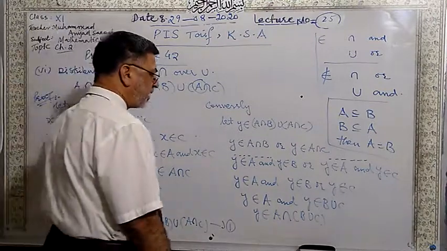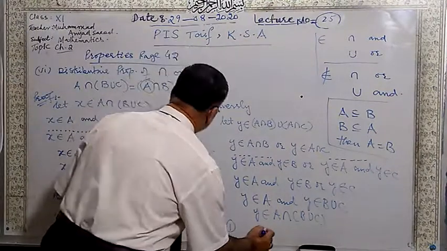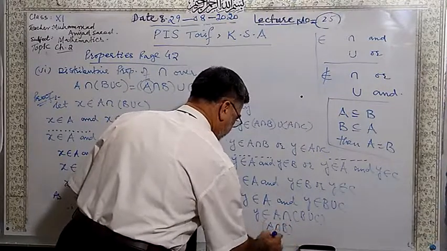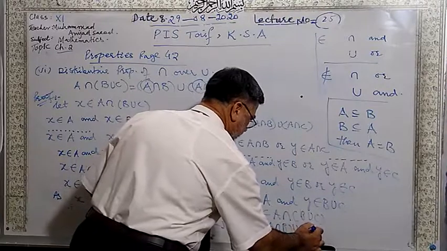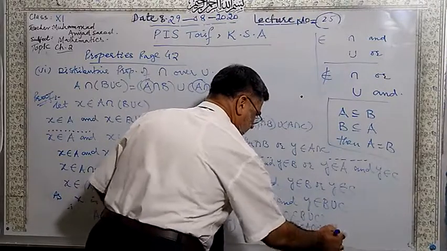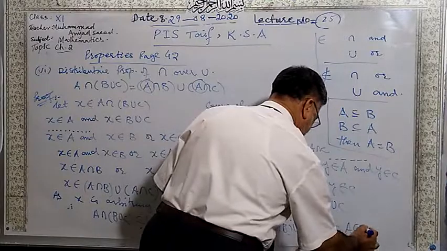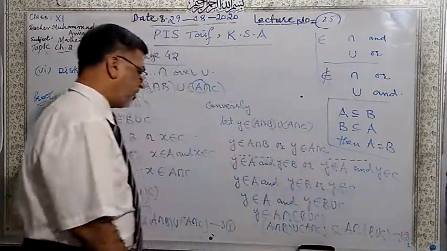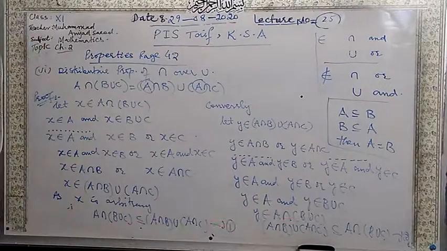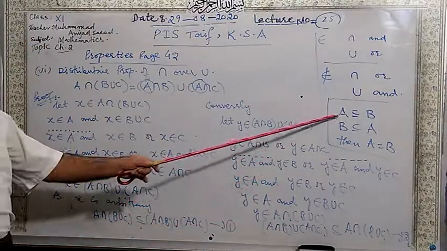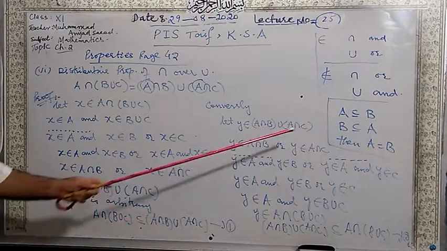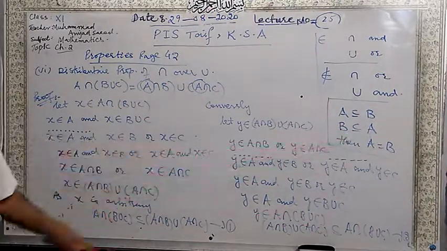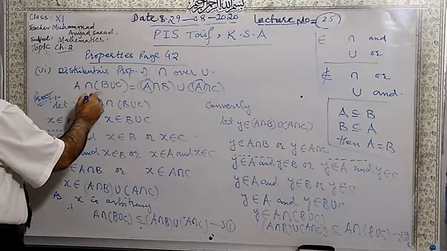Hence, you can say right hand side, A intersection B union A intersection C, is contained in A intersection B union C. This is your result number 2. Now you got left contained in right from the first equation, right contained in left in the second equation, then left is equal to right from 1 and 2.